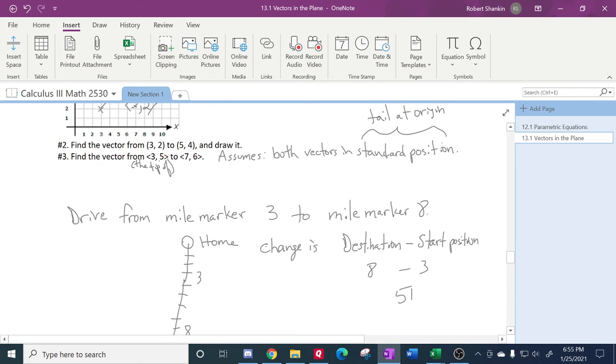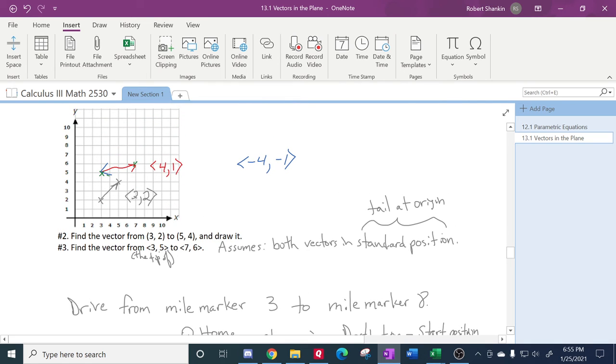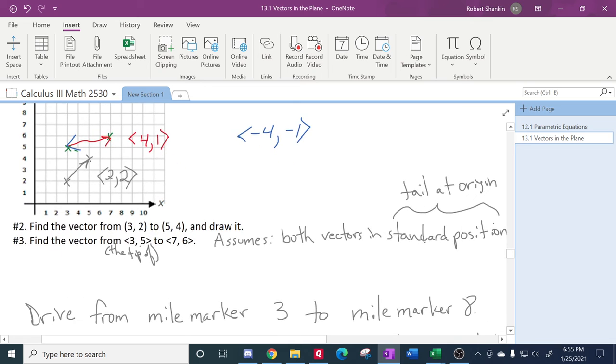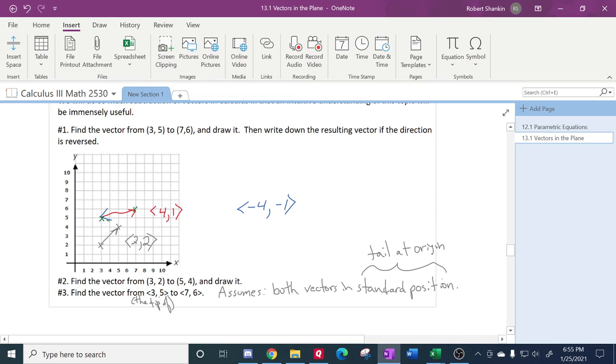Is that making sense? Now, how that applies to here is, when you go from this point to this point, if you take it in this direction and say the vector is going to be 3 minus 7, and then 5 minus 6, you're going to get this one, which is not the vector from this to this.